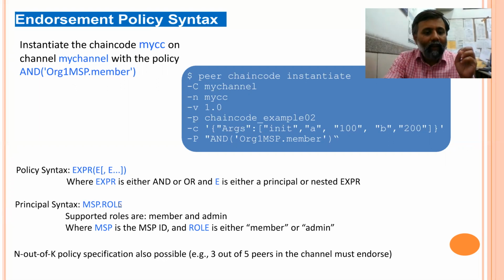This role may be member or admin. And this MSP is the MSP ID, and the role is either member or admin. So suppose this is Organization 1 MSP, it may be Organization 2 MSP.